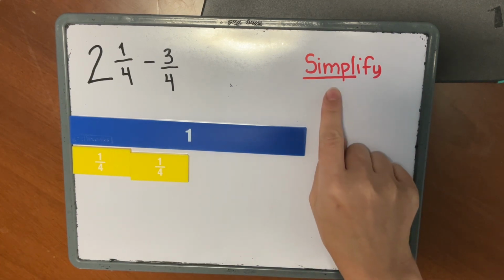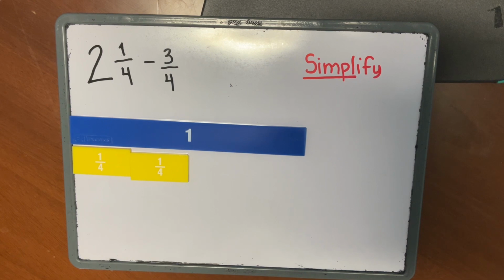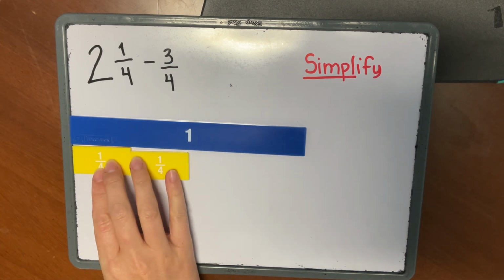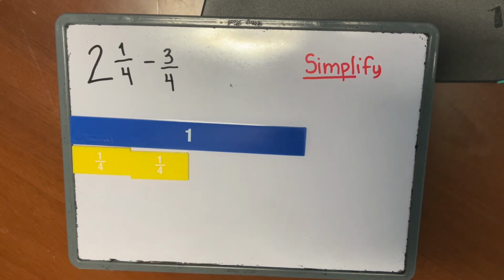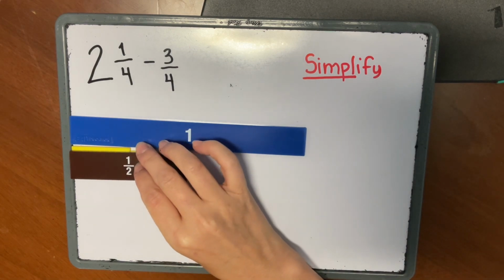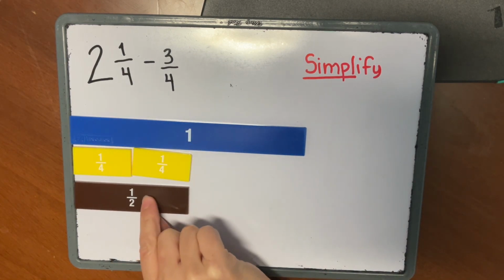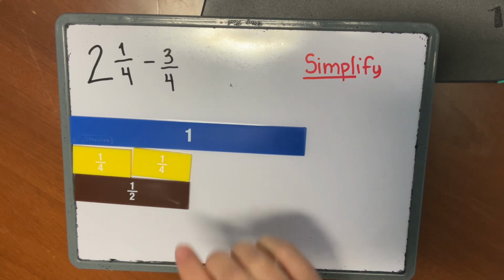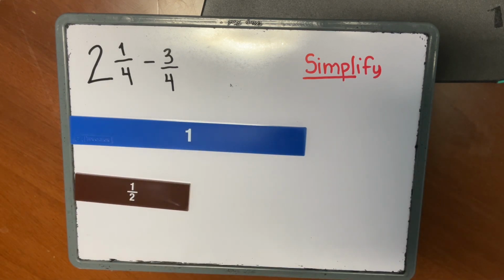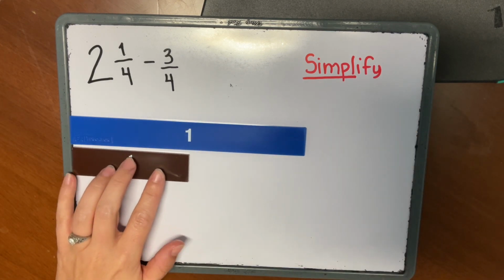How could I simplify this problem? Is there a simpler way or a trade I could make for the 2/4 to make it less tiles? Are you thinking a half? If I look, the half is equal to or equivalent to 2/4. So I can trade that out to simplify my fraction.